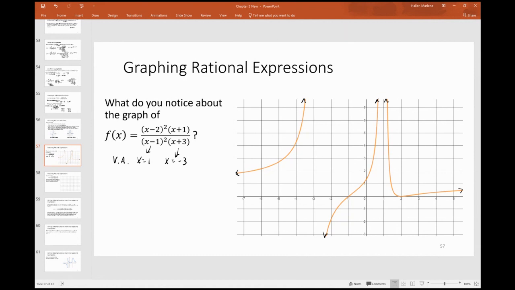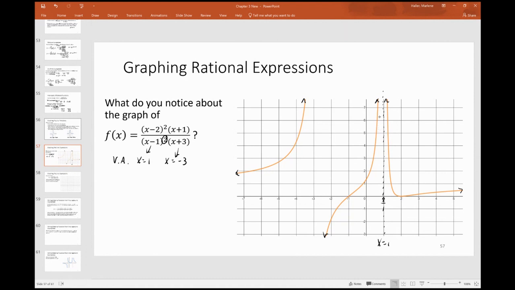Now look, at x equals 1, that's an even degree factor that leads us to the vertical asymptote. Here's the vertical asymptote right here, x equals 1. And look at the behavior of the graph.